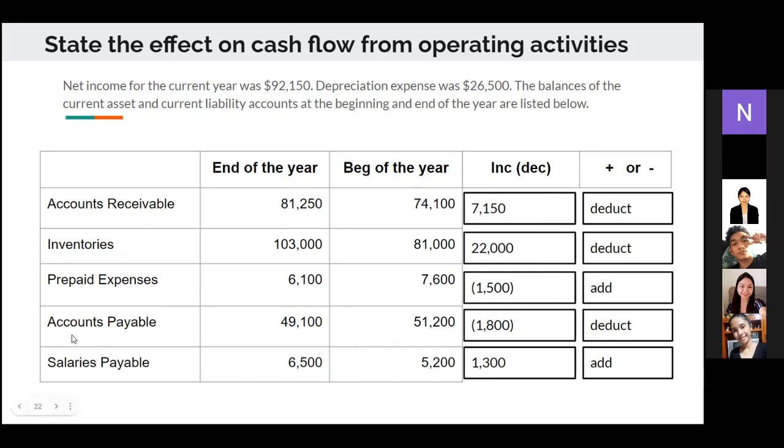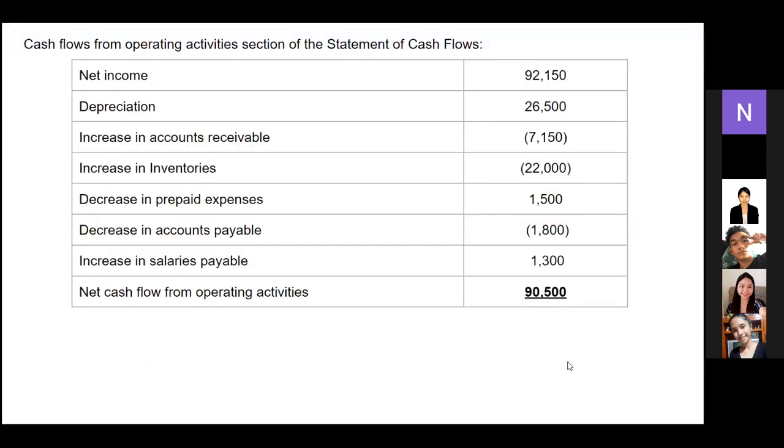And kapag sa current liability, accounts payable, salary payable, since current liability sila, direct relationship, kapag nagkaroon ng decrease, deduct. Ayun. After nyan, try natin siya ilagay sa top.